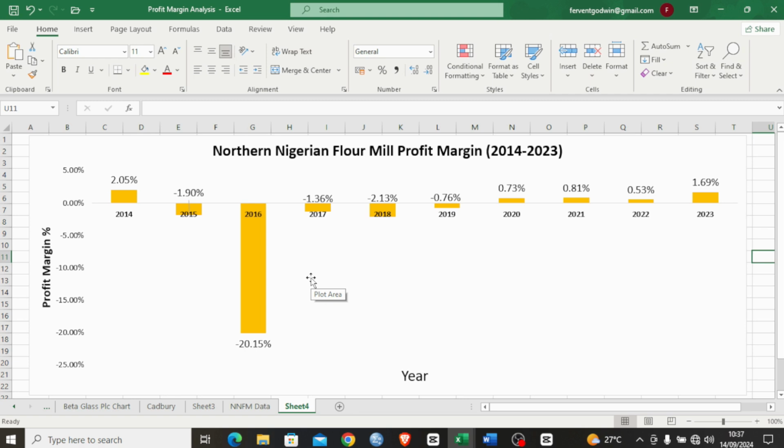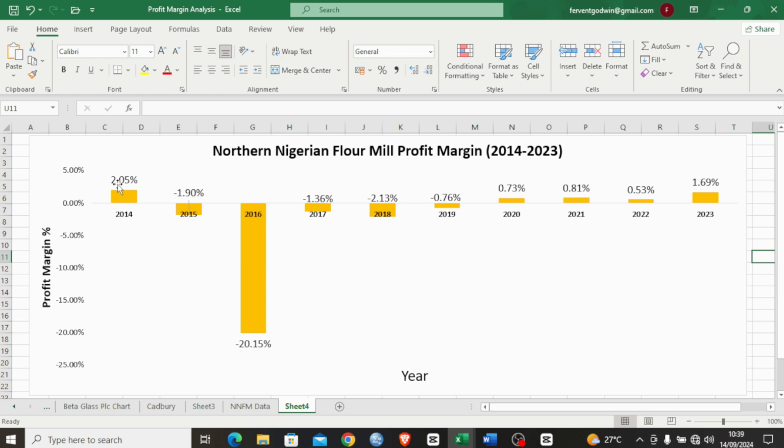So 2023 is the closest since 2014. In 2015 they still recorded a loss. So since 2014, the closest profit they've had in 10 years is 2023, because the highest profit they had in 10 years is 2.05. I'm talking in the context of profit margin right now.